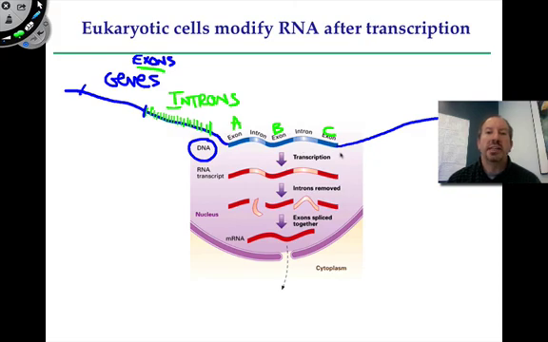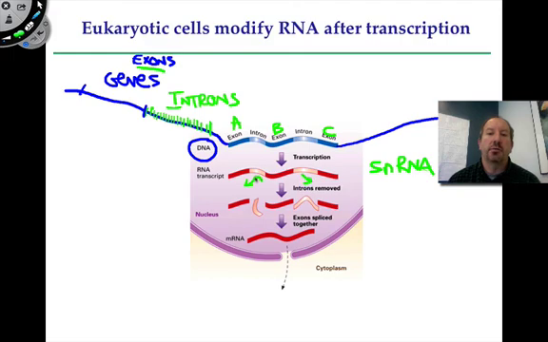And so I mentioned before that there is this other type of RNA called small nuclear RNA. As it turns out, once messenger RNA is produced, it's produced both good and bad. And the small nuclear RNA comes along and edits out the introns.